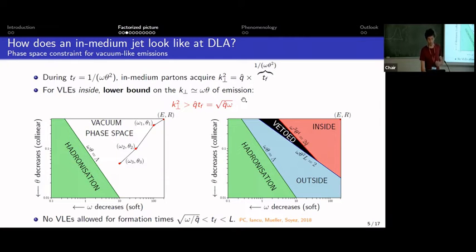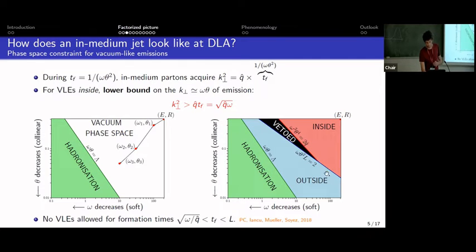So it's just a consequence of plugging the value of the formation time inside the relation between the average kT squared and the time of propagation. So this provides a lower bound: kT squared has to be larger than q hat times t_f. And in terms of omega, the energy of the emission, it goes like the square root of q hat times omega. So you can draw this line on the Lund plane, and it's basically this red line.